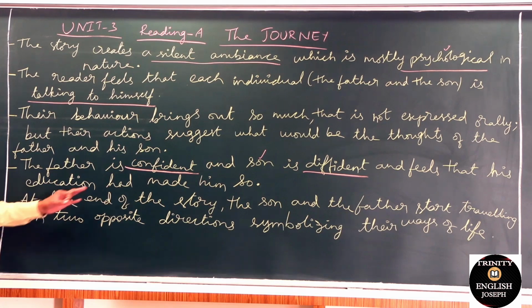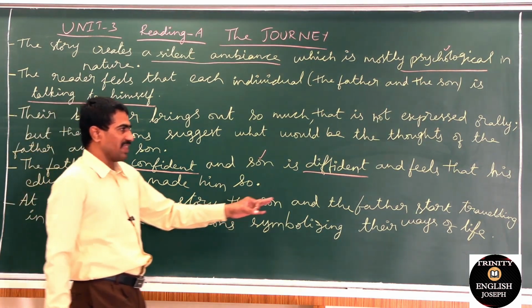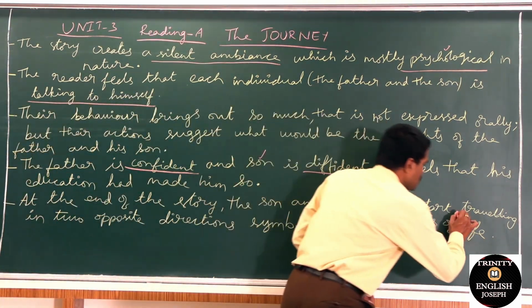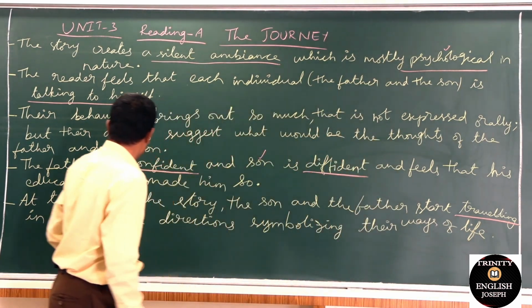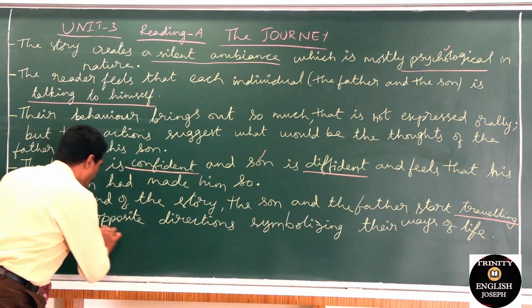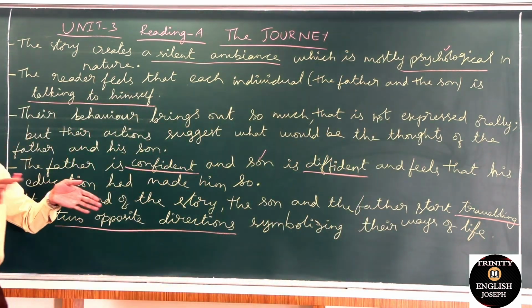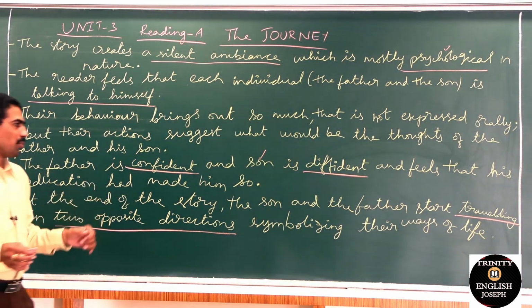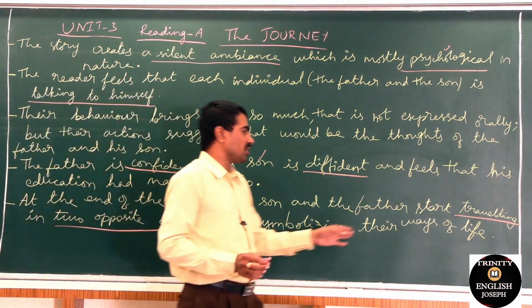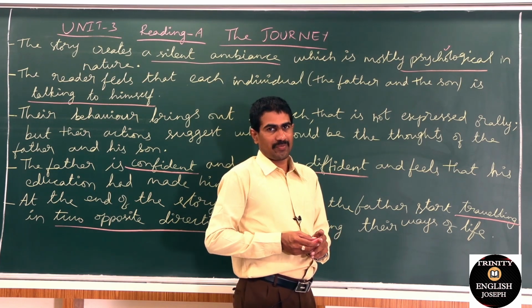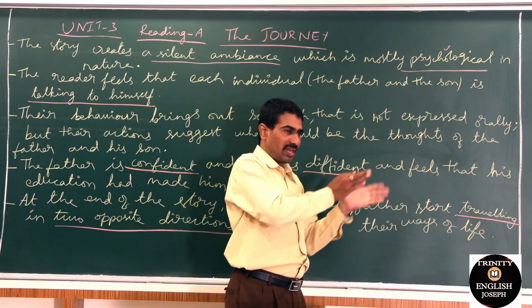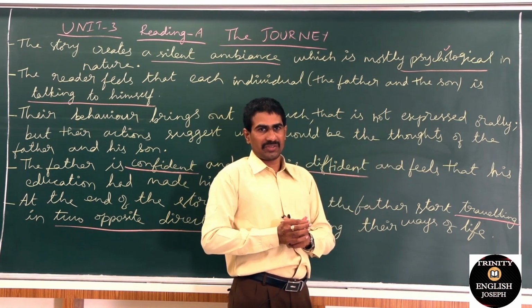And then at the end of the story, the son and the father start traveling in two opposite directions, symbolizing their ways of life. As I told you, they represented two opposite things.